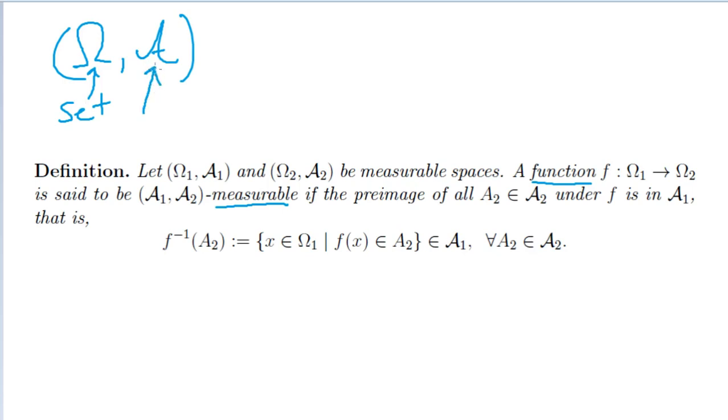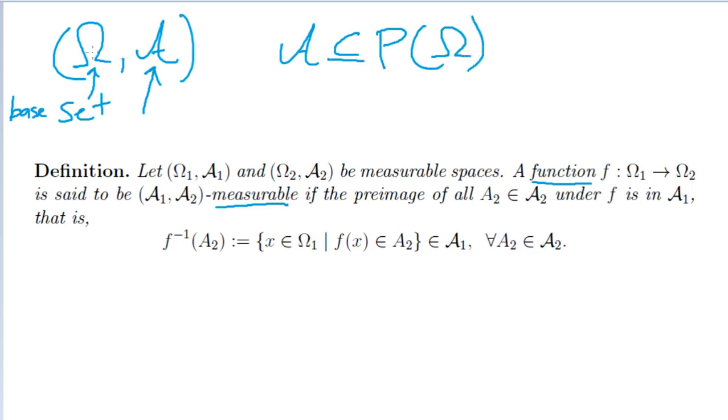Now, what is this? This second member of the pair here is a family of subsets of this set here. We'll call this the base set. And it has to have specific characteristics. So let's write that this way. So this A is a subset of the power set of omega.